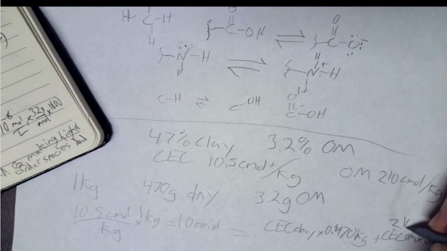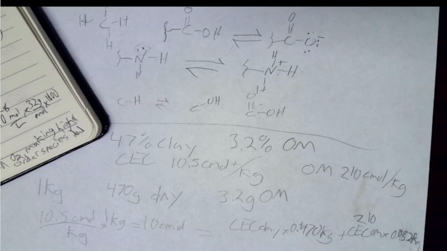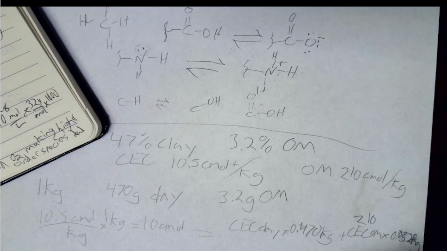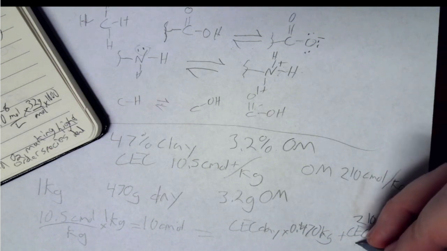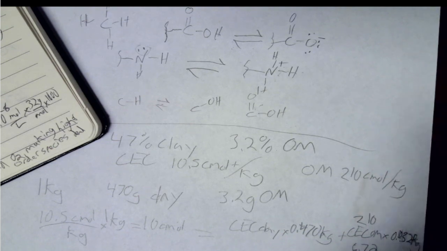So we've been told that's 210. 210 times 0.032 is going to be 6.72.